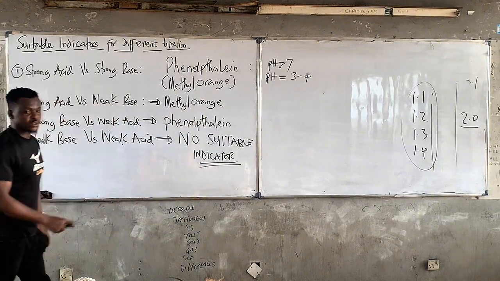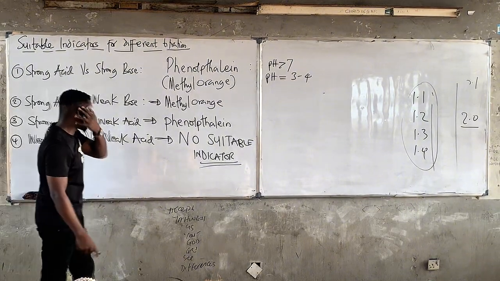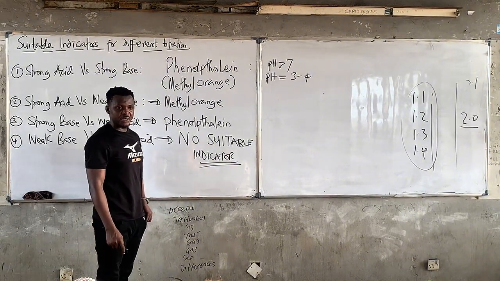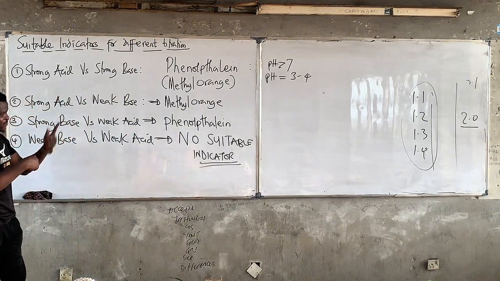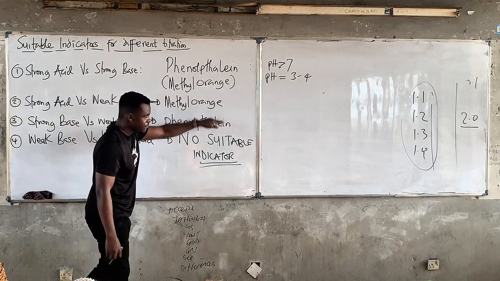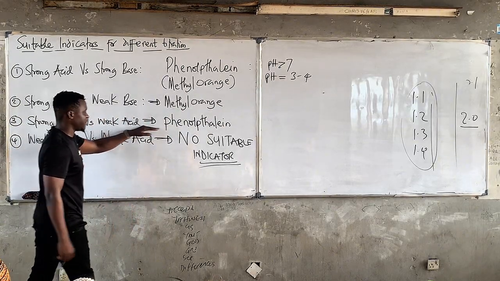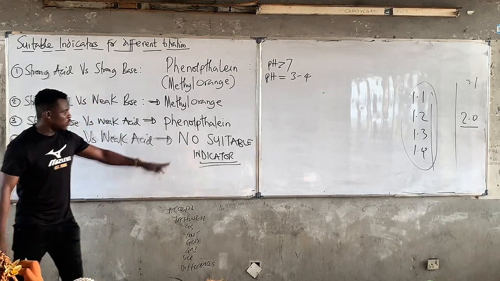No suitable indicators. Strong acid versus strong base, the most suitable indicator is phenolphthalein, even though methyl orange can also be used. Strong acid versus weak base, methyl orange is suitable. Strong base versus weak acid, phenolphthalein. Weak acid versus weak base, or vice versa, no suitable indicator.